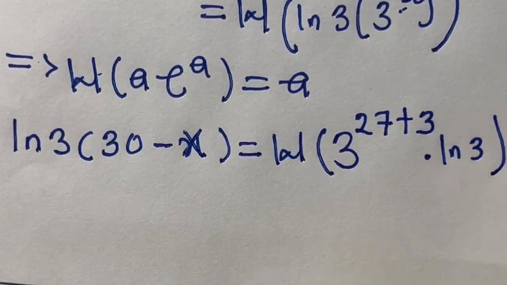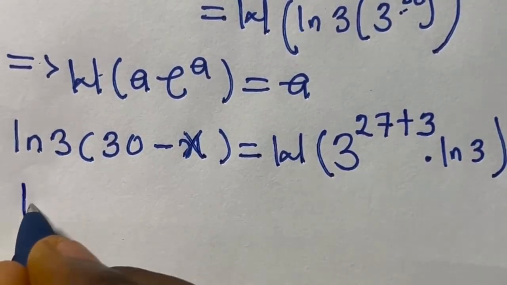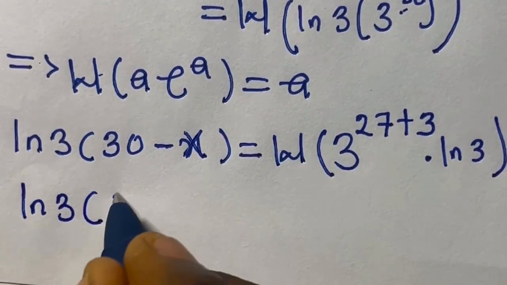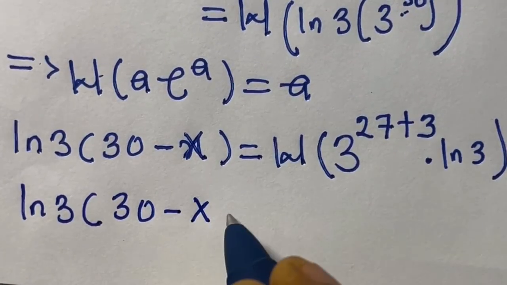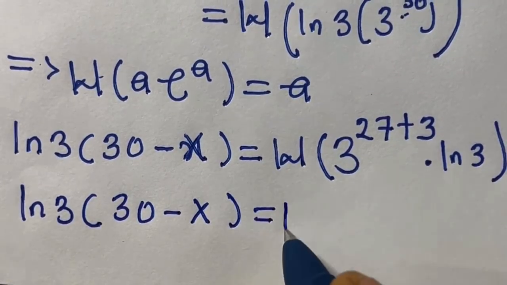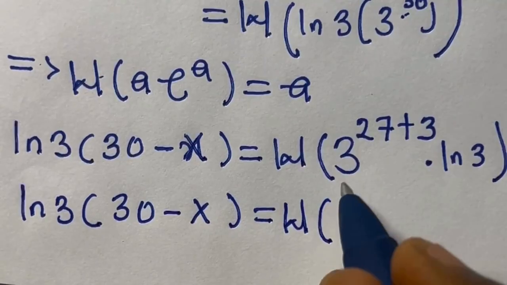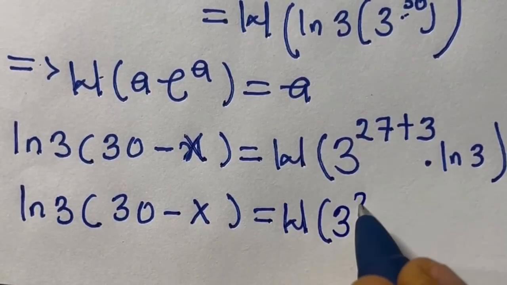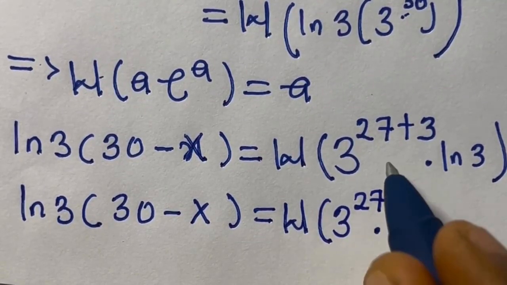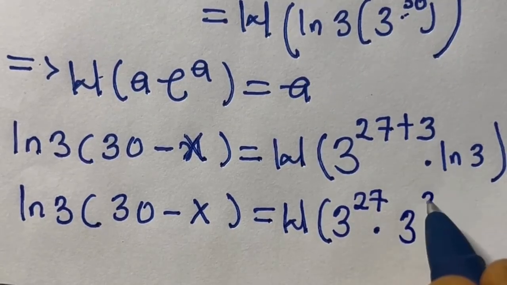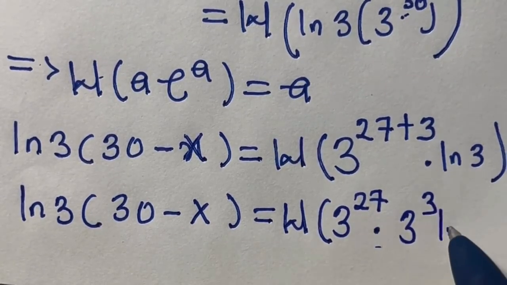Alright, therefore we have ln 3 multiplied by 30 minus x equals the Lambert function of 3 raised to the power 27 multiplied by 3 raised to the power 3 from the law of indices, ln 3.